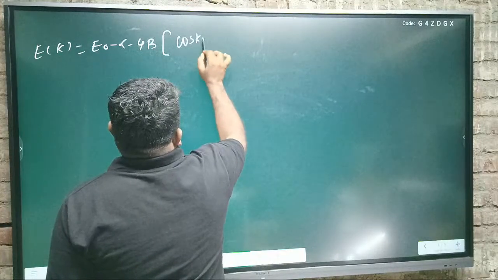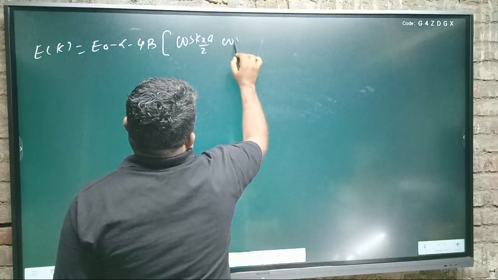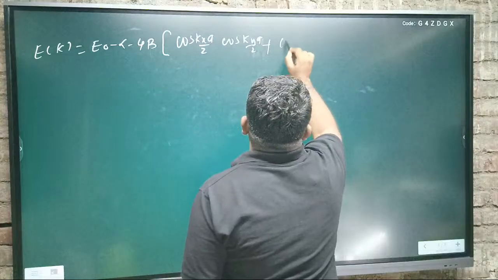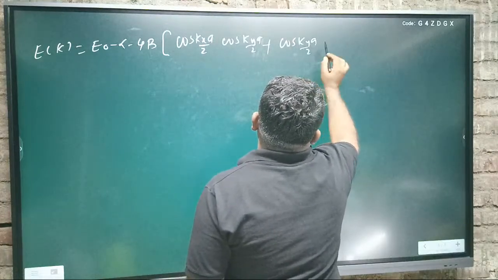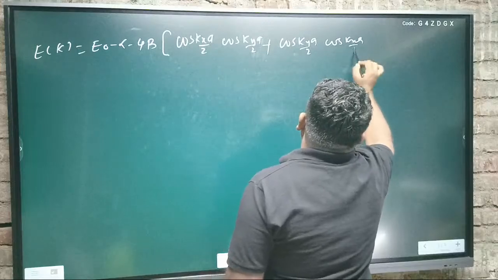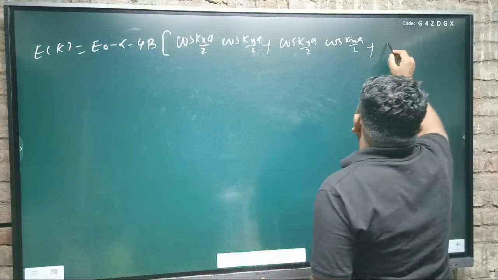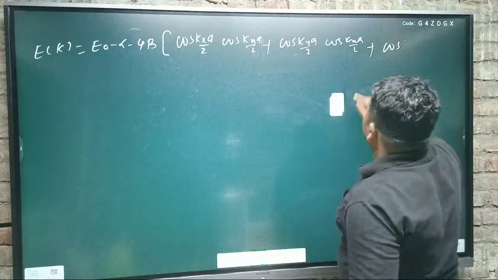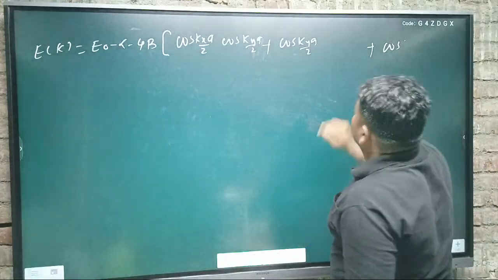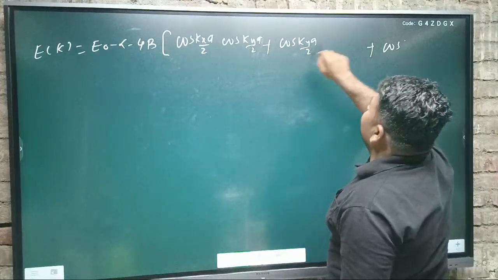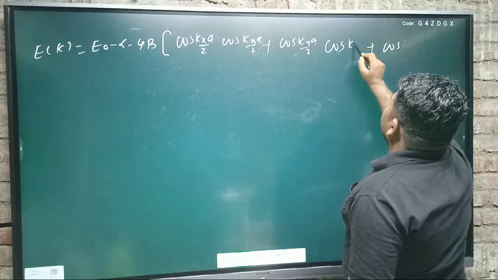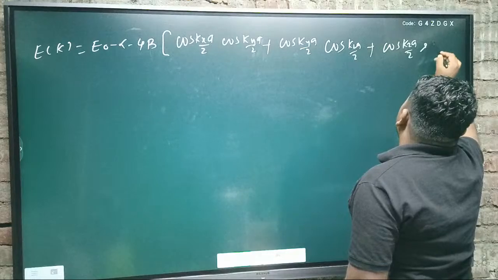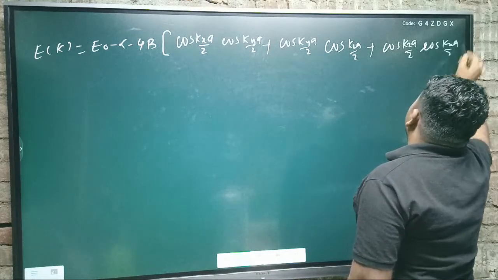Cos kxa upon 2 into cos ky upon 2 plus cos ky upon 2 into cos kxa upon 2 plus, sequentially xy over next yz over, xyz, cos kza upon 2 into cos kxa upon 2.